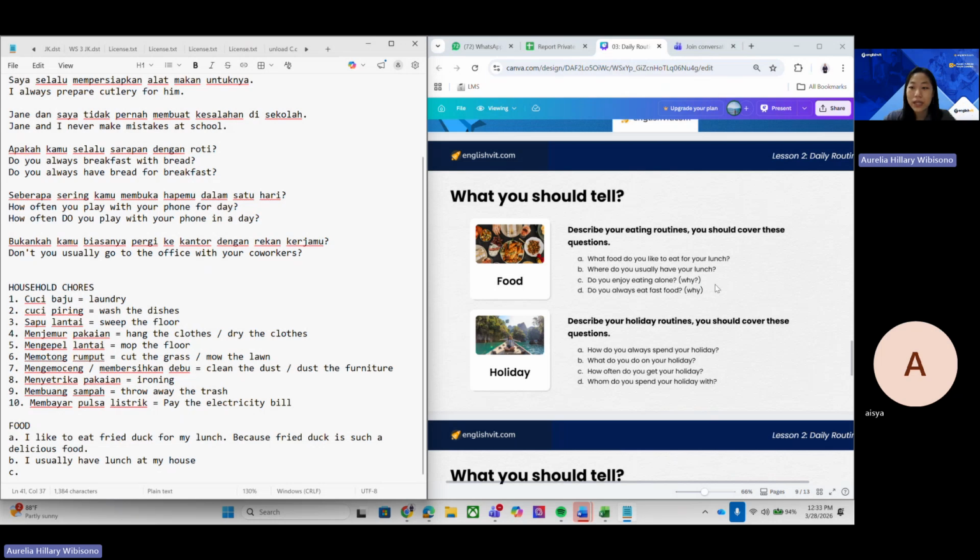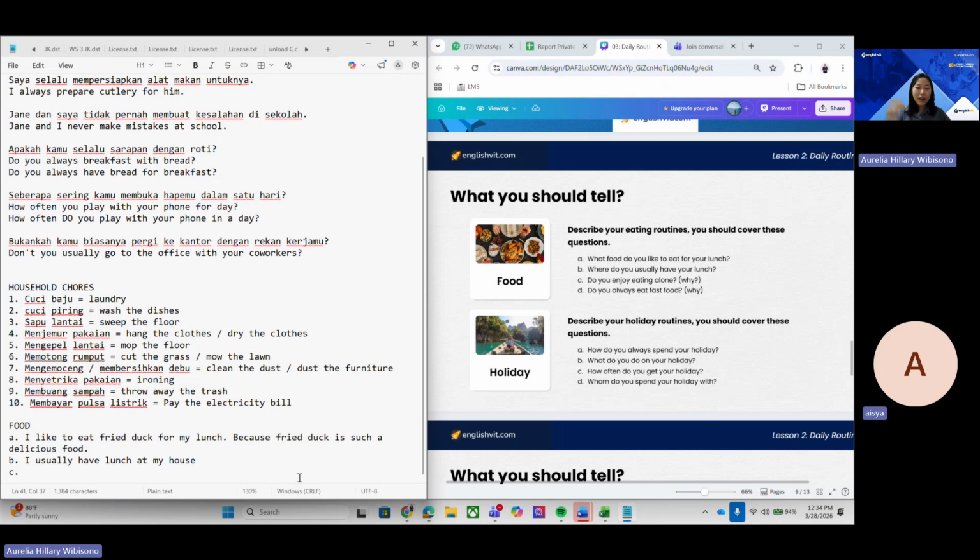There's no in between. But if you want to put your consideration or your opinion toward the question, you can put it after that. For example, do you enjoy eating alone? You can say, yes, I do, but sometimes I miss having a light talk with my friends too. So you can put the consideration after the answer.